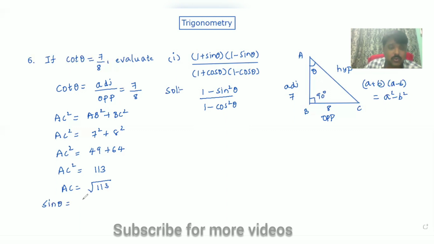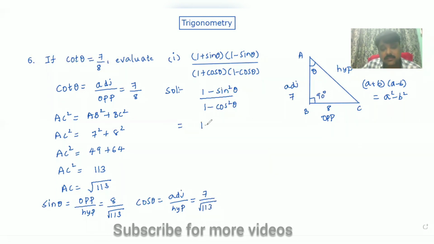Sine theta equals opposite to theta by hypotenuse, that is 8 by root 113. Similarly, cos theta equals adjacent to theta by hypotenuse, that is 7 by root 113.